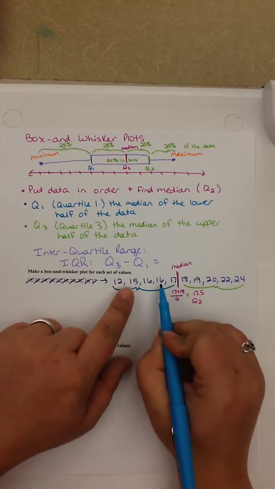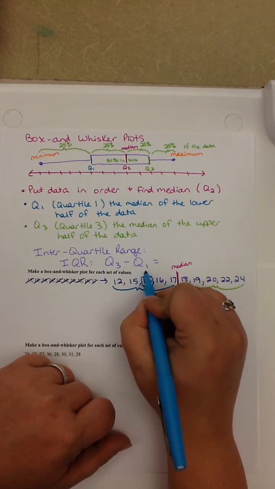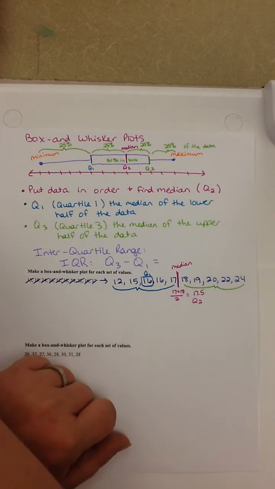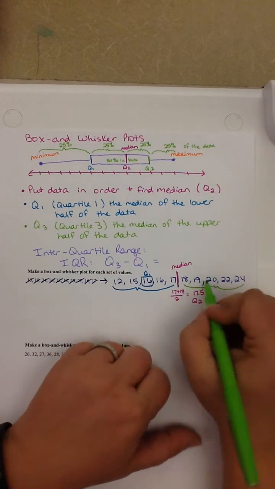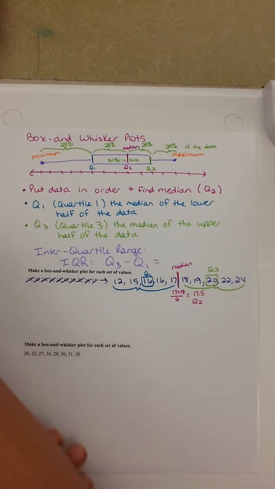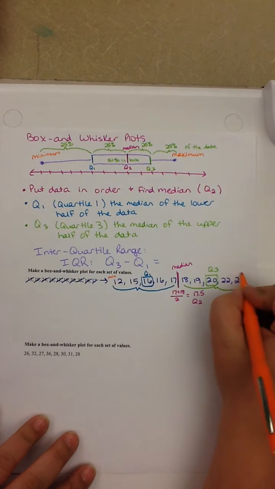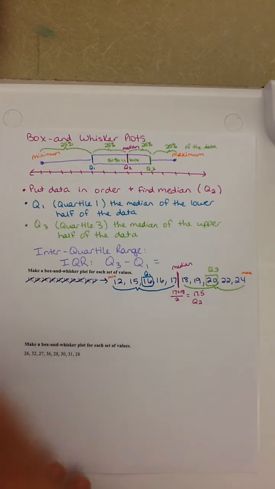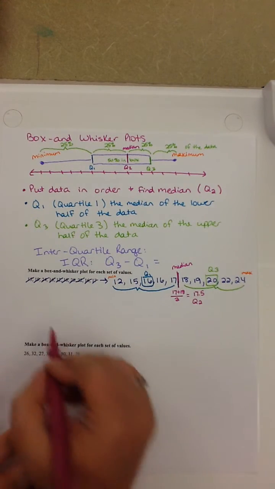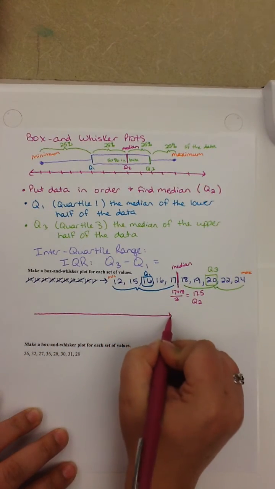So here, looks like right here, 16 is my Q1, and then over here, if I find the middle, 20 is my Q3. I also need to know that I've got a minimum at 12 and a maximum at 24. So when I draw my number line, I'm going to have to go from 12 to 24.